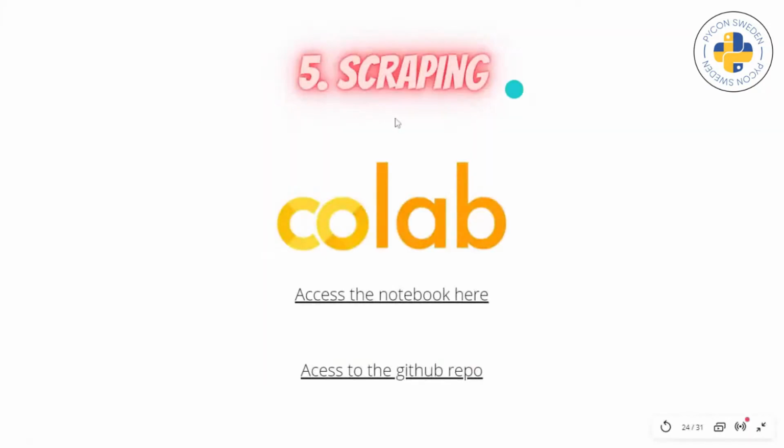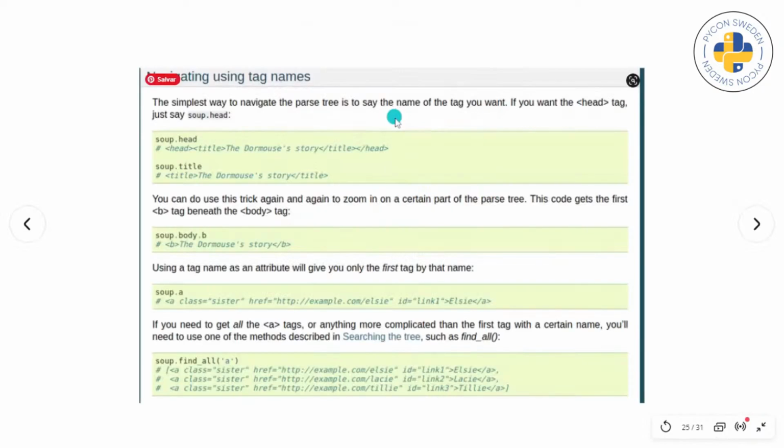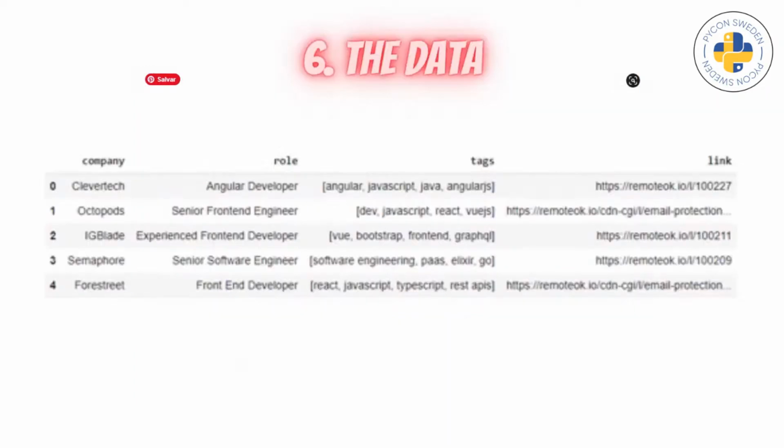I'm not sure if you are seeing my slide because for me it's kind of weird. Oh, okay. So there is the Beautiful Soup documentation if you want to check more and learn more about it. I would also recommend you to learn more about Scrapy because it's more practical for business and other purposes.